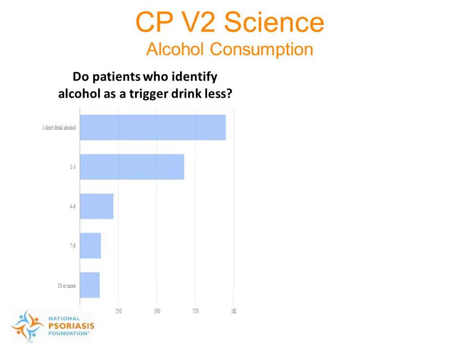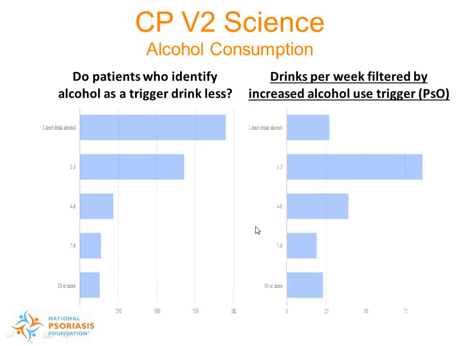So we can sort the data further by that, thinking maybe that if you identify it as a trigger, you don't drink alcohol because it's a trigger, or maybe something else is happening. And we find that something else is happening, and that people who identify alcohol as a trigger are actually kind of moderate drinkers, at least according to this data. And maybe you have to drink alcohol in the first place to notice that it's a trigger.